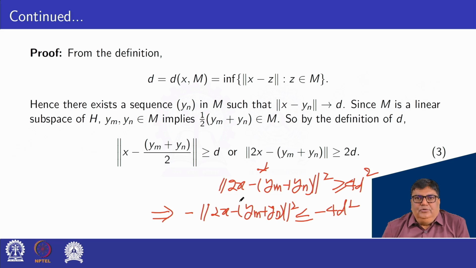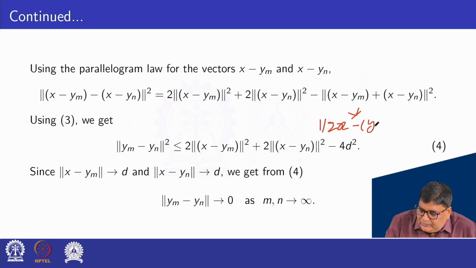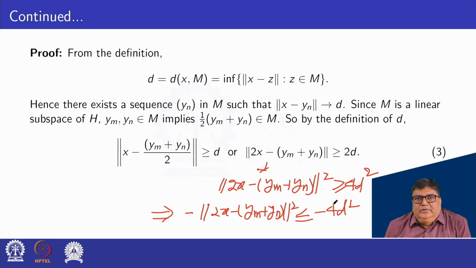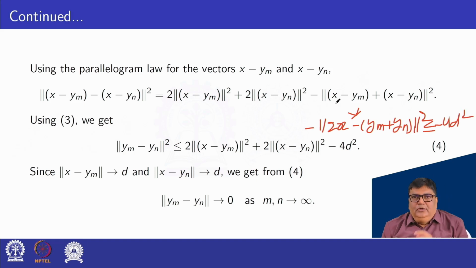Okay. So using this inequality here, in place of the term with negative sign, we replace minus 4D squared.